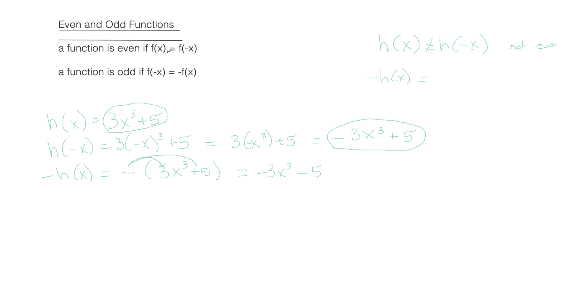Does that equal h of minus x? No, it doesn't, because this is minus 3x cubed minus 5. This is plus 5. So it doesn't equal the minus h of minus x either. It's not even. It's not odd. He's just there doing his own thing. So it's neither. Not sure if that's how you spell neither, but you know, not odd and not even.